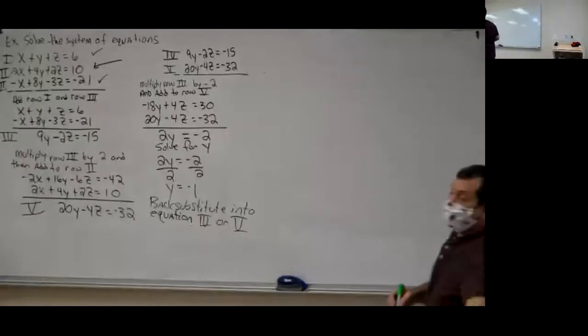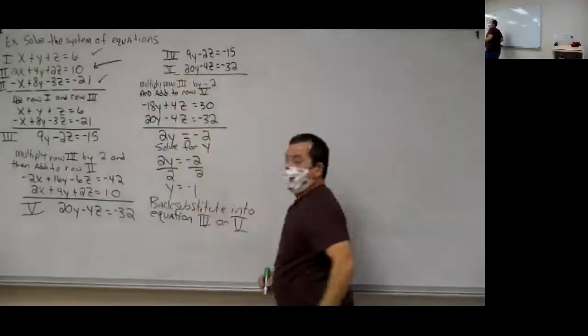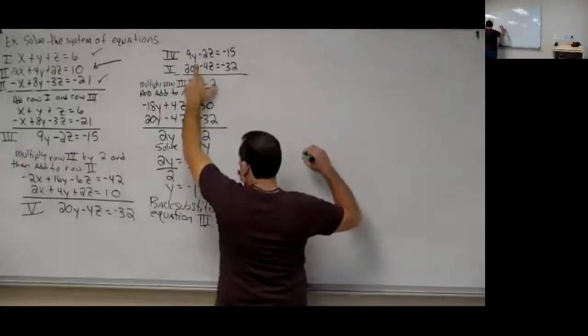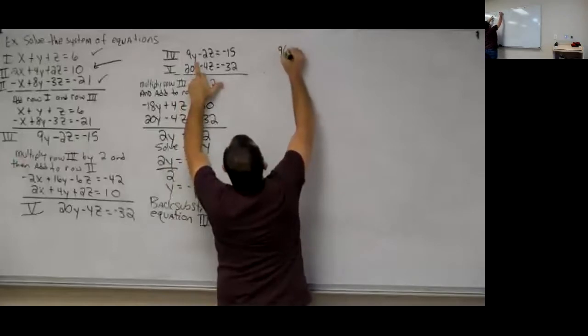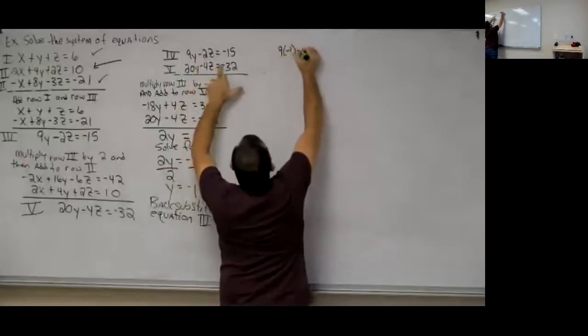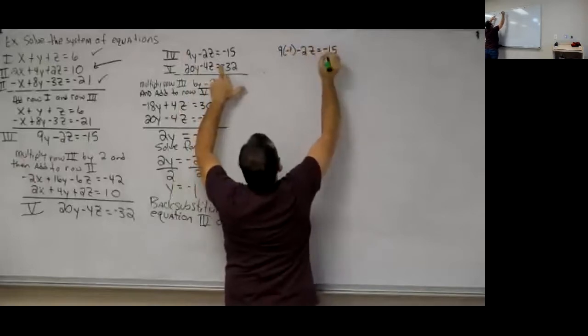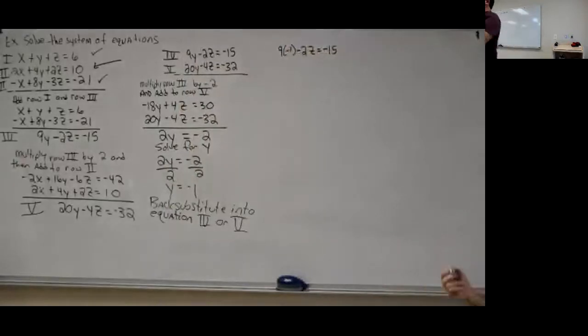If you like smaller numbers, I would probably play with number 4 here. So I'm just going to plug my -1 back into equation 4. So y is -1, so that'll give me 9 times -1 minus 2z equals -15. But y'all could have picked the other one and did 20 times the -1, okay?